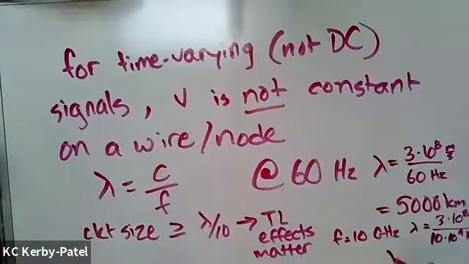So that wavelength at 10 gigahertz is 3 centimeters.